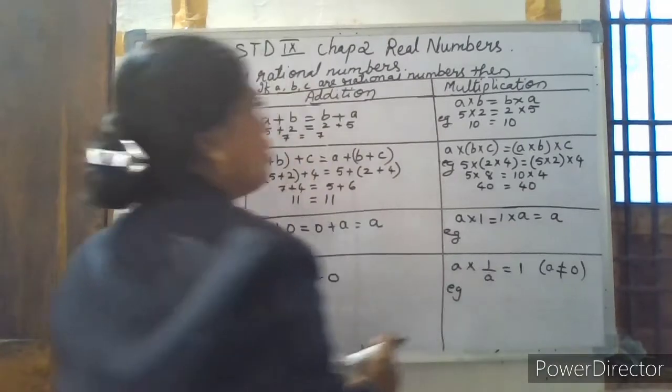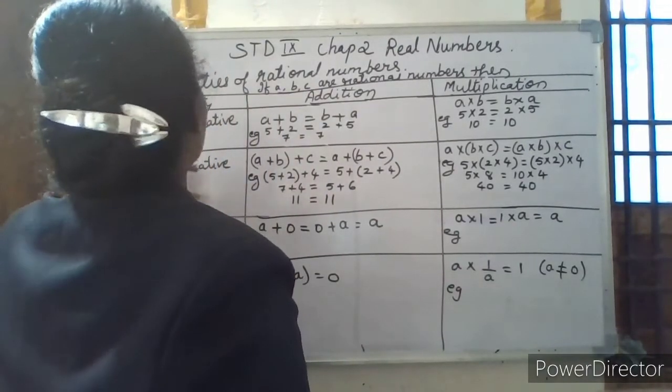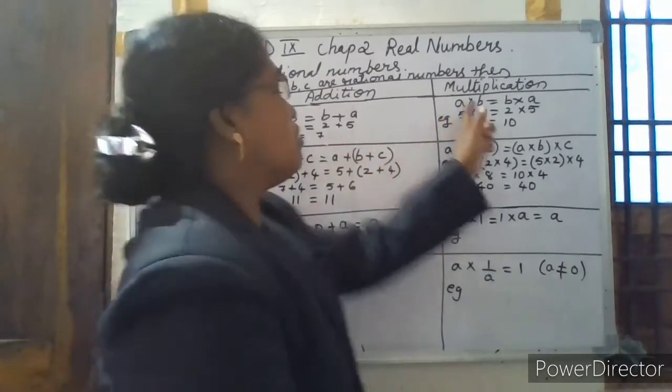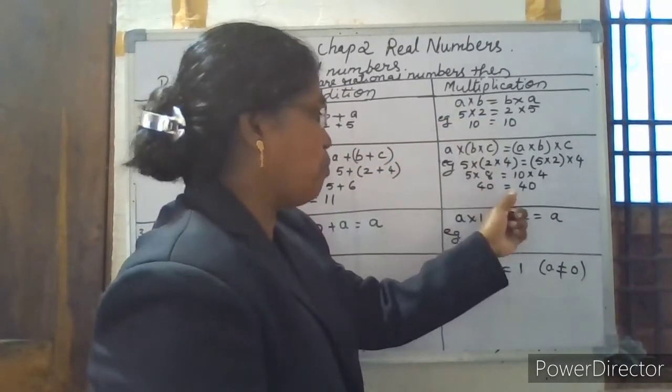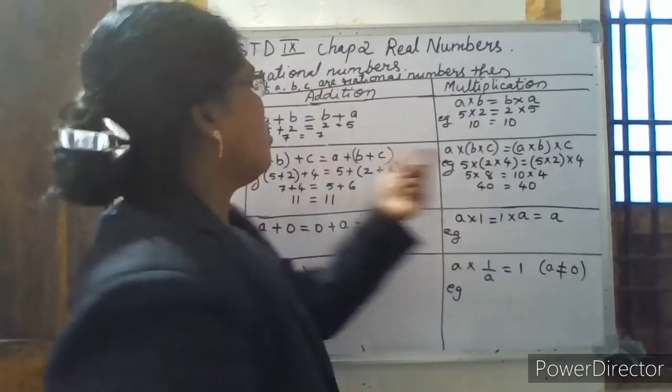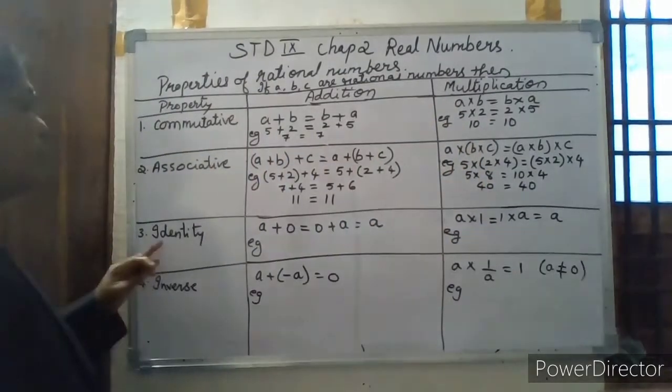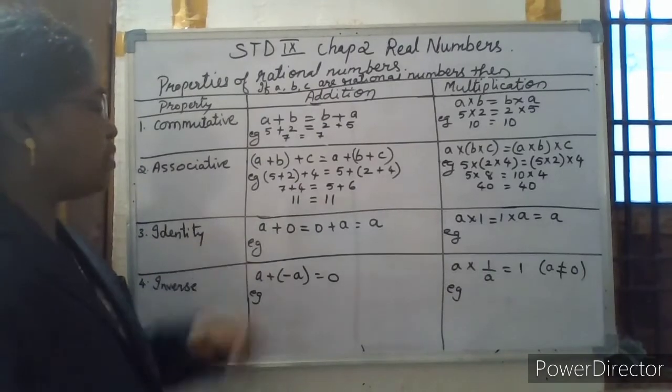So you can see that this is the associative property of addition, and this is the associative property of multiplication. Now let us go with the identity property.